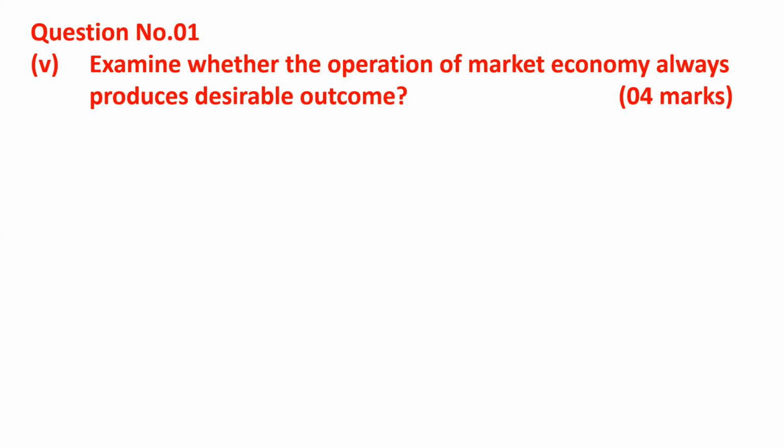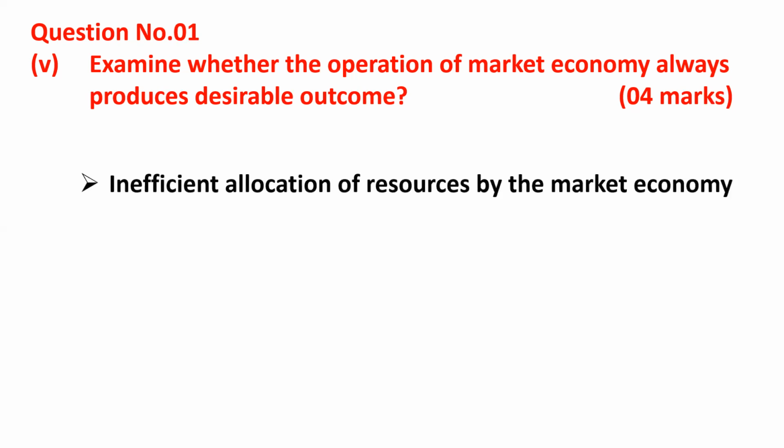Or else the question asks whether the market economy is efficient in resource allocation. We know not always. We have learned there are instances where the market economic system fails to allocate resources efficiently. We call them market failures. Simply the question asks about market failures.